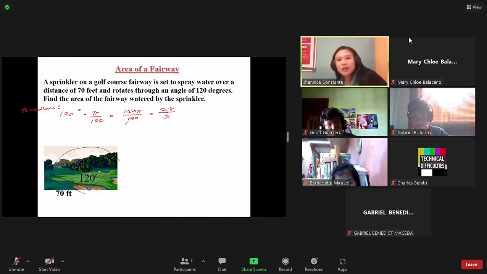That's the simplified form of 120 over 180, since we are changing our degree angle into radian form.